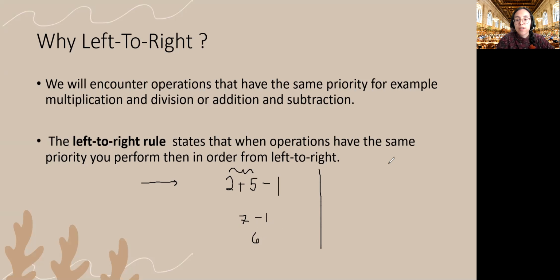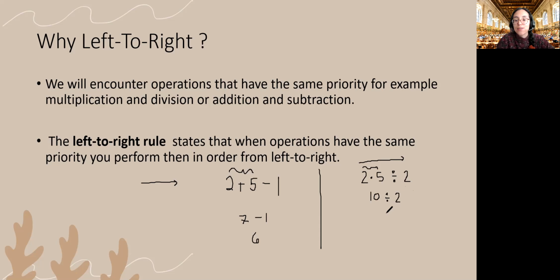Or if we have another example like 2 times 5 divided by 2, something like this. So we have multiplication here and division. They have the same priority. So what we're going to do is work left to right. So we're going to do the multiplication first. So 2 times 5 is 10. And then we're going to bring down our division sign and the 2.